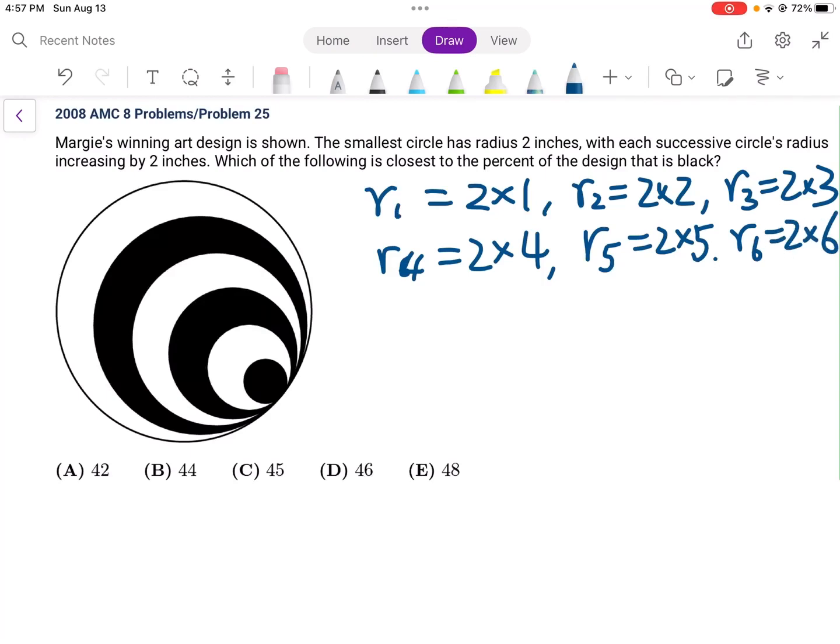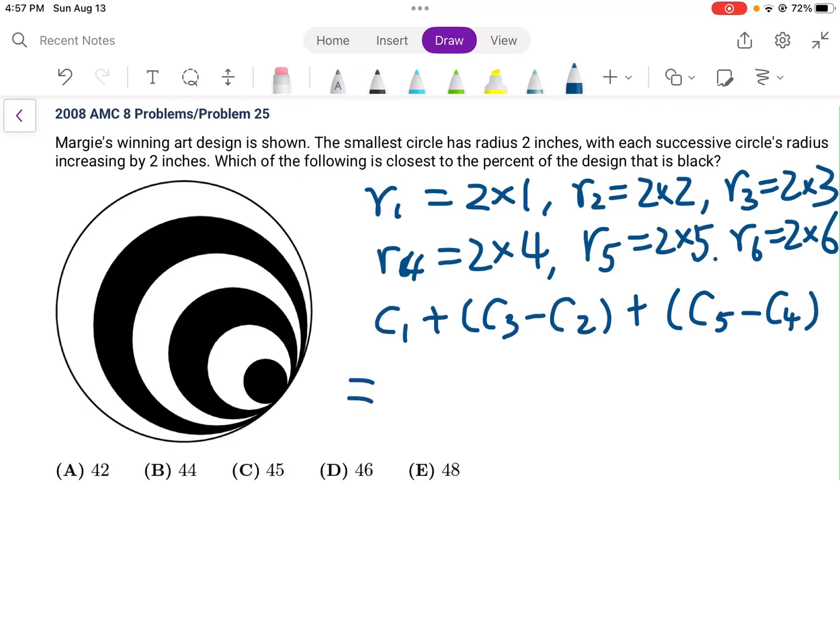So to get the area of the black region, we can use the area of circle 1 plus the area of circle 3 subtract circle 2 plus the area of circle 5 subtract circle 4.